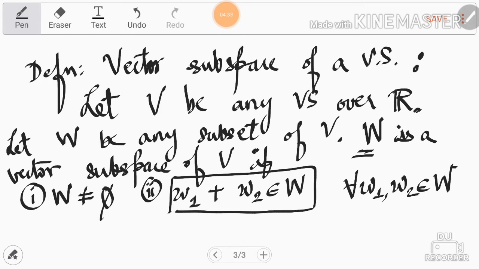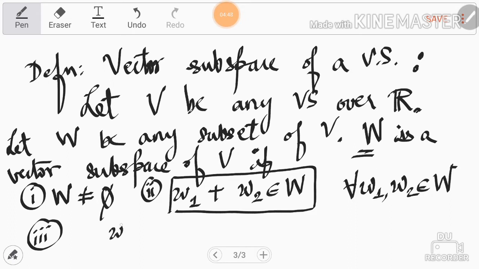But if you recall, there were actually 2 closure properties. One was related to the vector addition and another was related to scalar multiplication. So what was the closure property for scalar multiplication?